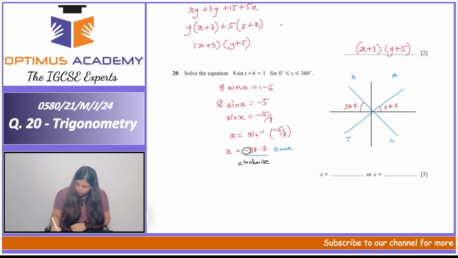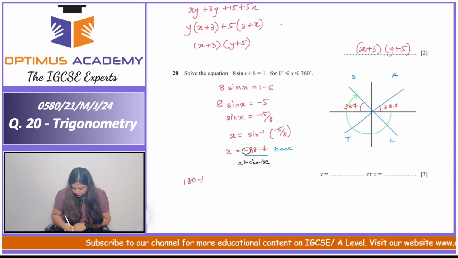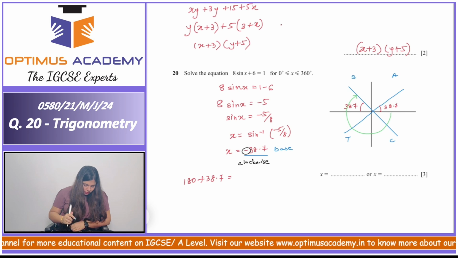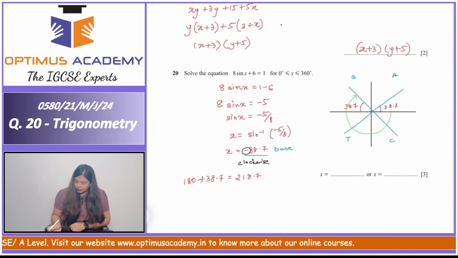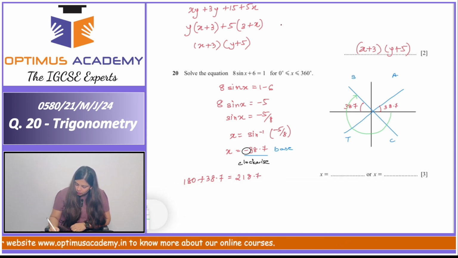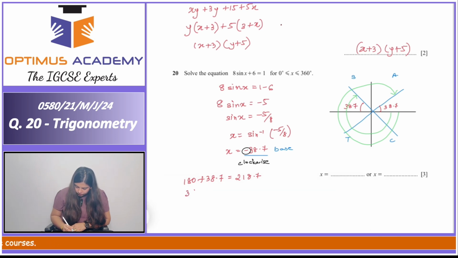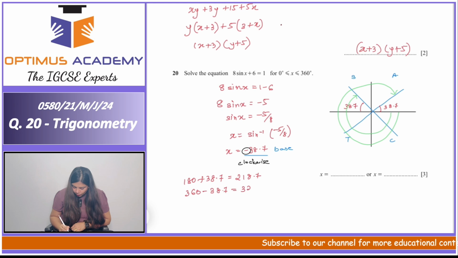So the clockwise direction would be the first angle being 180 plus 38.7, which would give us 218.7, and the other angle would be 360 minus 38.7, that is 321.3.